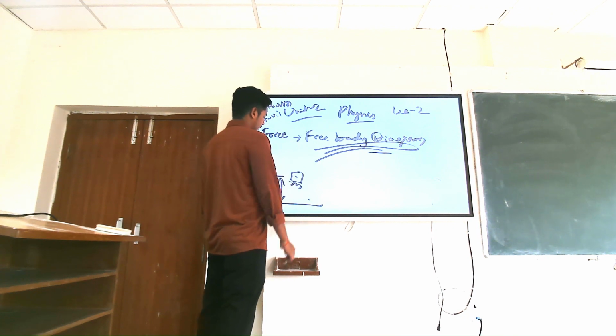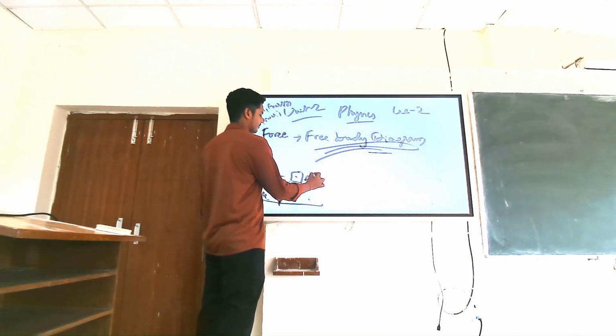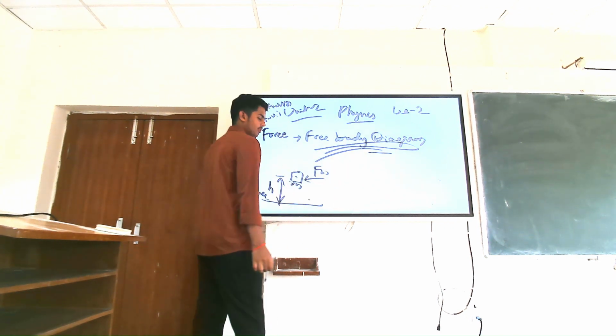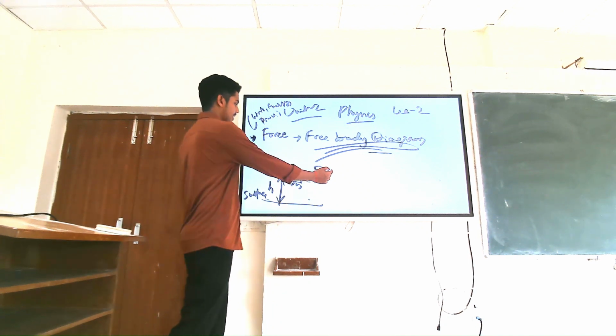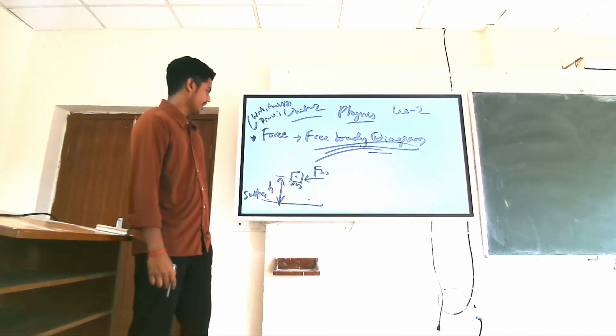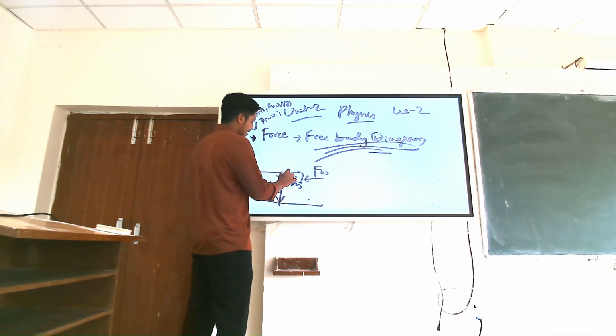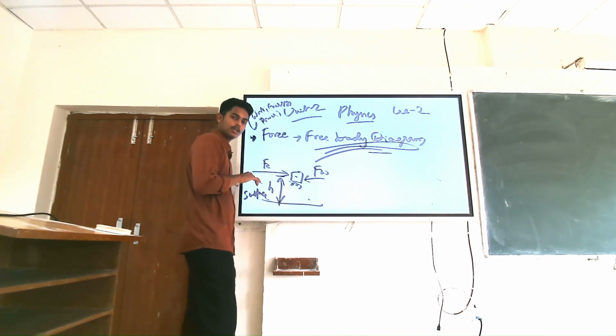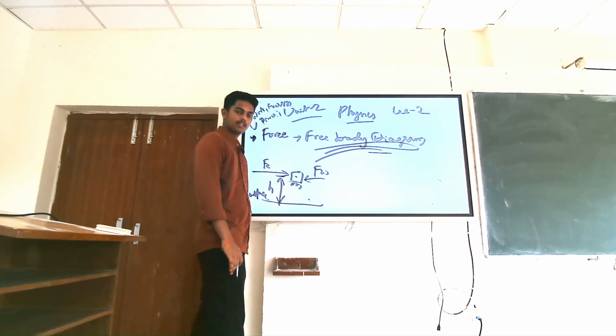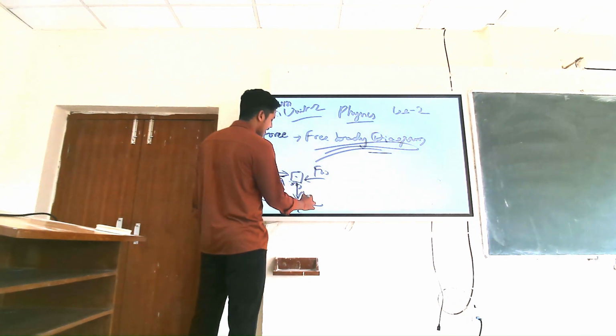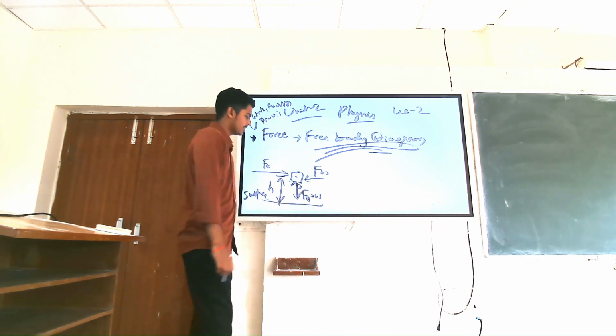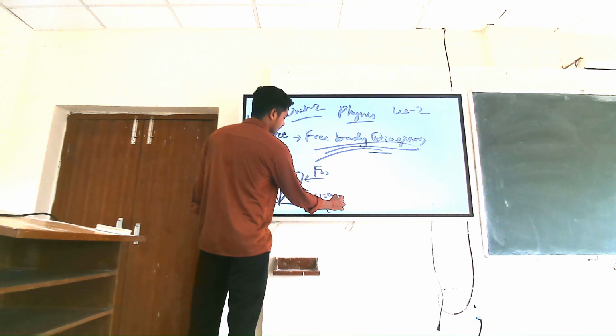Now wind force is applied on the mass in this direction. And let's say an external force, F external, is applied on the body in this direction, and gravitational pull Fg, or weight which is equal to mg, is in this direction.